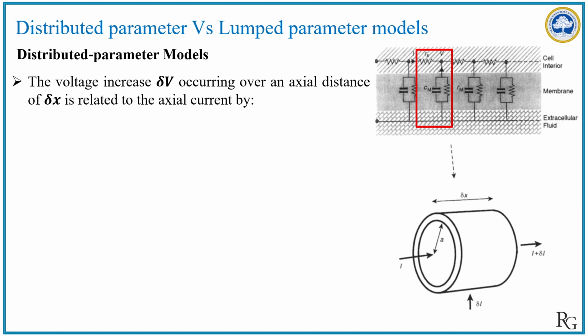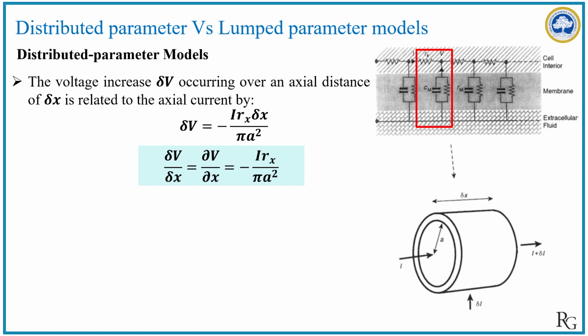The voltage increase delta V occurring over an axial distance delta x is related to the axial current by this particular equation. Further, if we transfer this particular term to the denominator, we will get this particular equation.